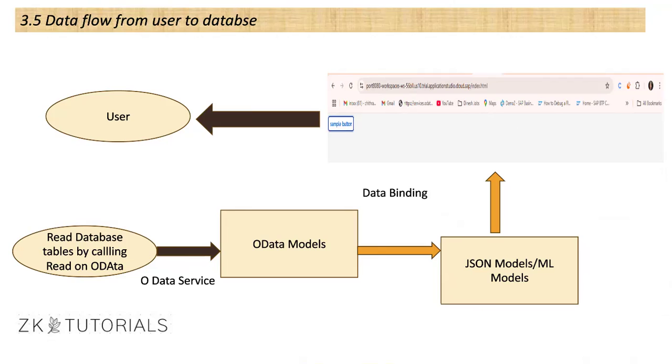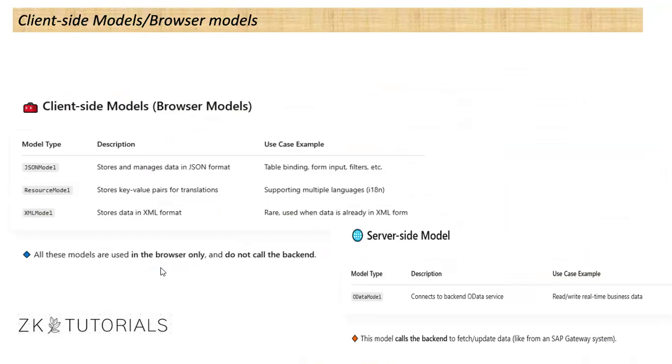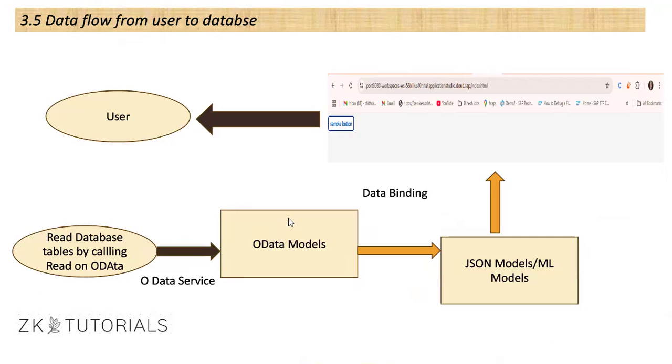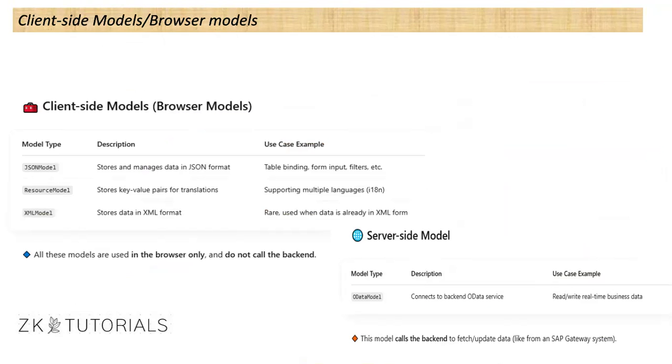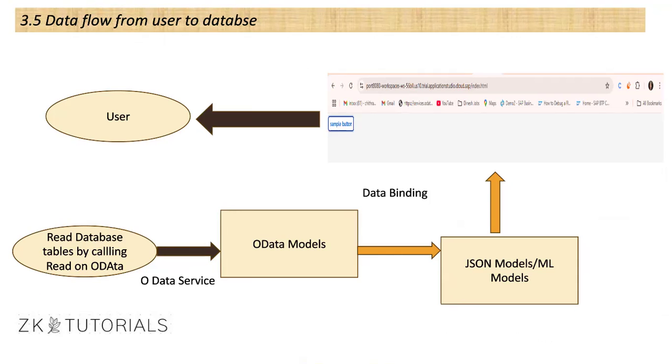So this JSON model now stores the data entered by the user. After the storage is done in the JSON model, we have to transfer this data to the database tables. You may transfer this to the OData model, keeping the JSON as an intermediate.